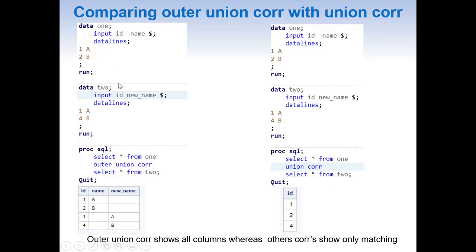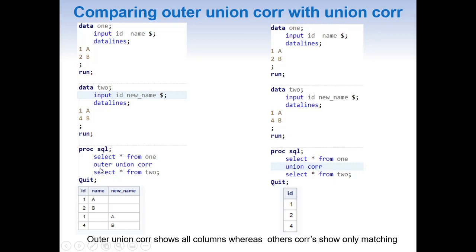What outer union does here is, it will combine both the data sets, and as I am using CORR in outer union here, whenever the variable names match, they come into the same variable. Whenever the variables do not match, that is in the case of name and new underscore name, they do not have counterparts in both the data sets, so they just stack as shown in here.